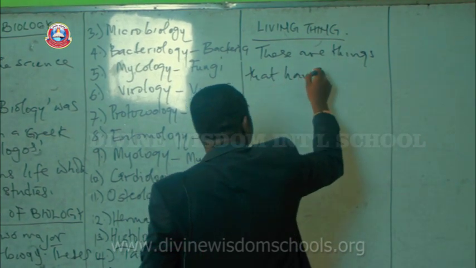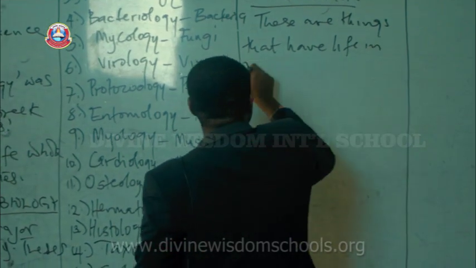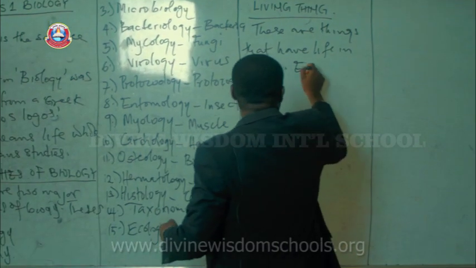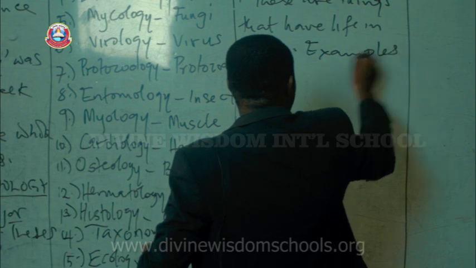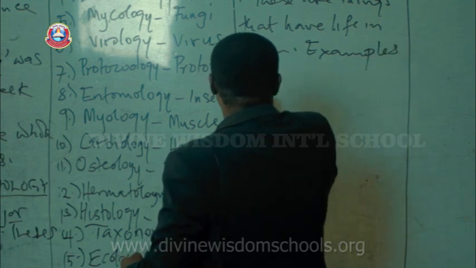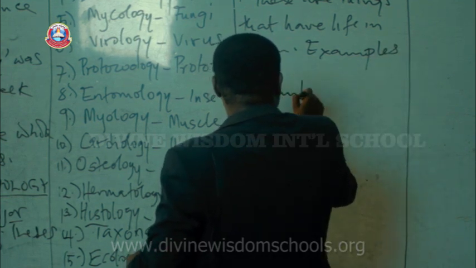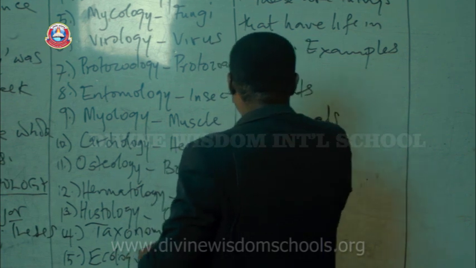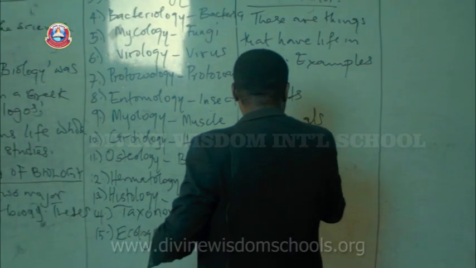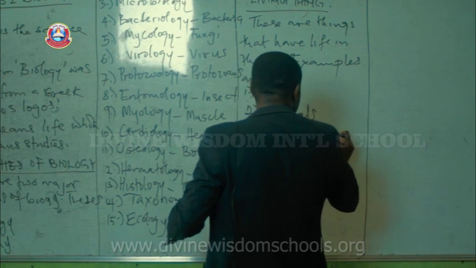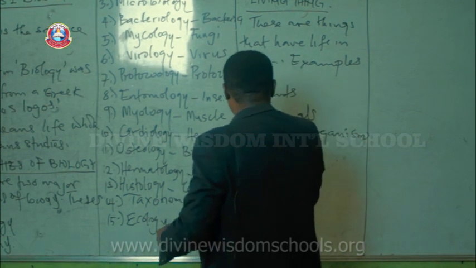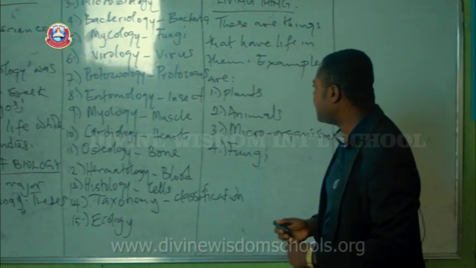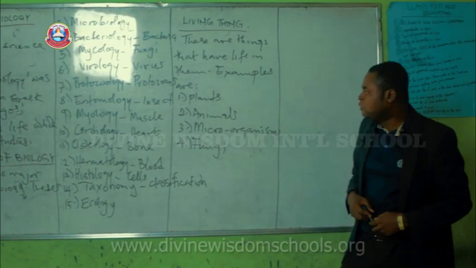Examples are plants, animals, microorganisms, and fungi. All these are the categories of living things we have.